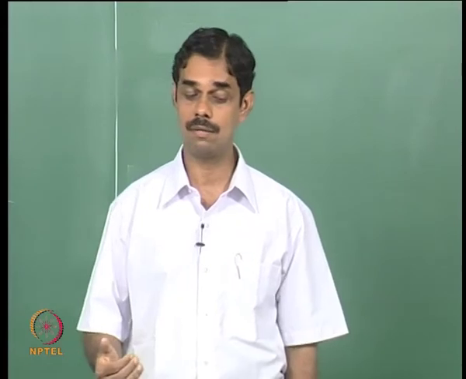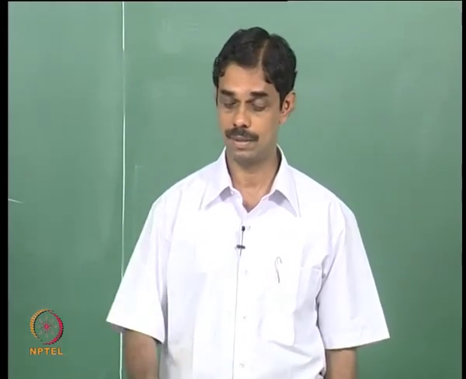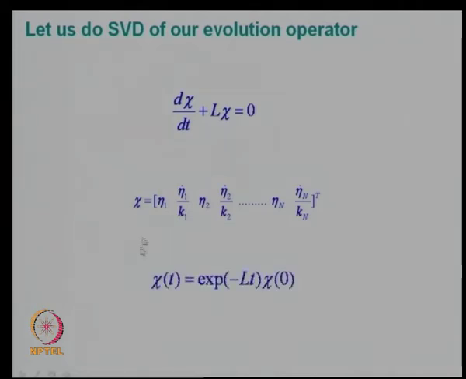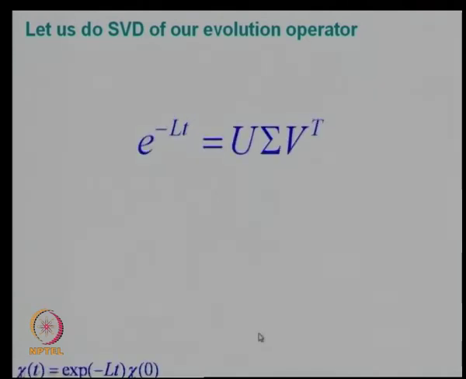So the idea here is that let us attempt to do a singular value decomposition of our evolution operator. Back to our differential equation, d chi by dt plus L chi equals 0, and just to remind you, this is the state vector, eta 1 and eta 1 dot, and the solution is chi t equals e power minus Lt times chi naught, so we have to do the SVD of e power minus Lt.